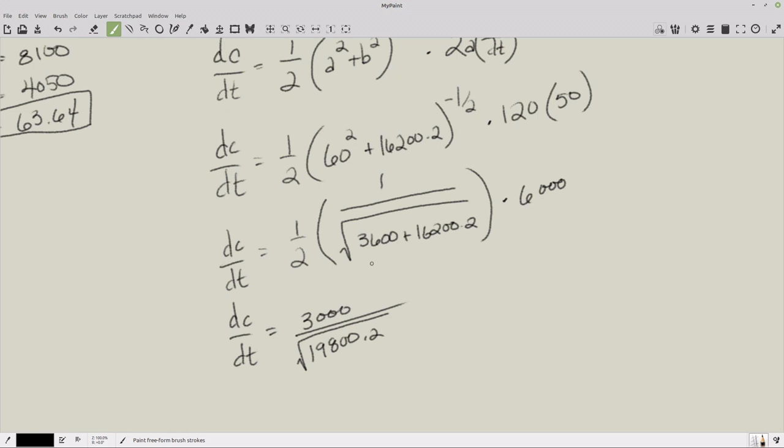That is 140.7. Would you look at that? So we get 3,000 over 140.7. 3,000 divided by 140.7 equals 21.3 feet per second.